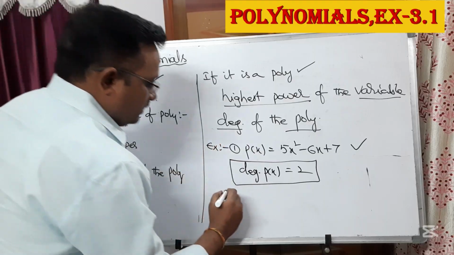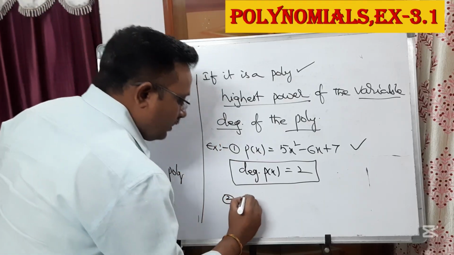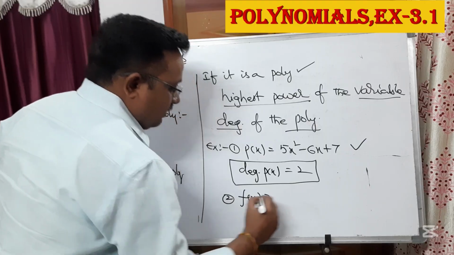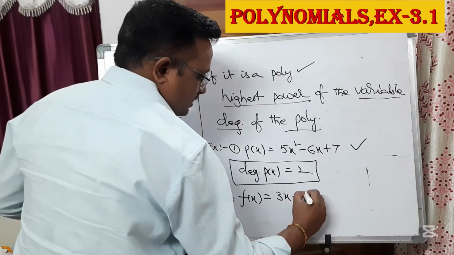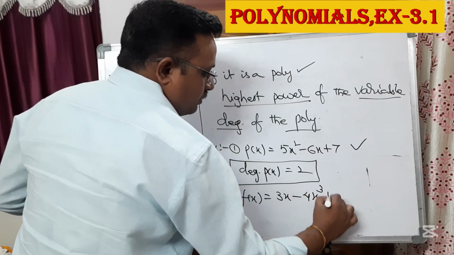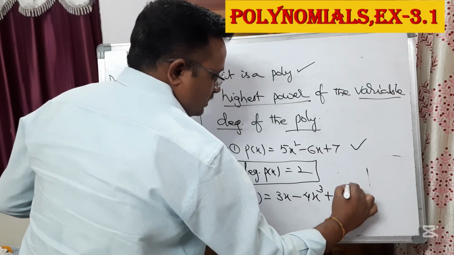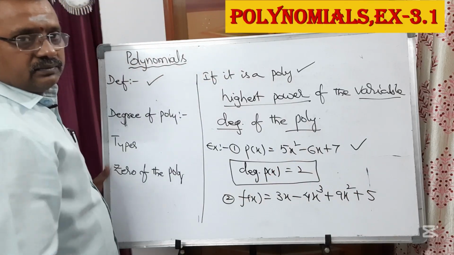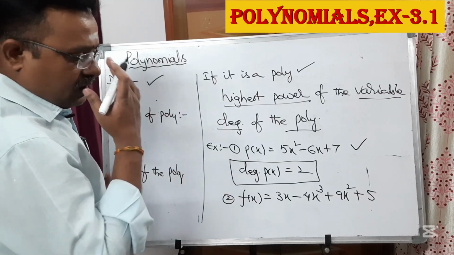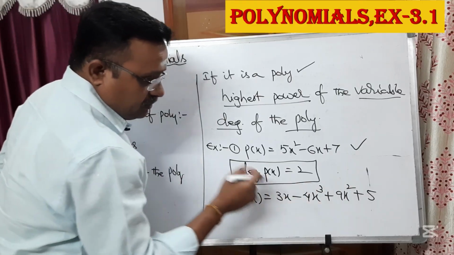Okay, one more example. Second one, f of x equal to 3x minus 4x cube plus 9x square plus 5. In this also, first of all, it is an algebraic expression.